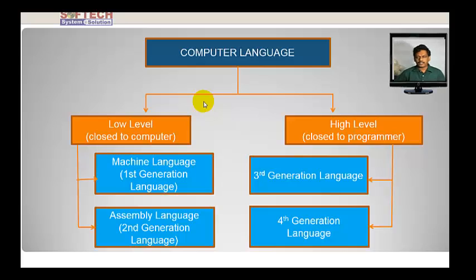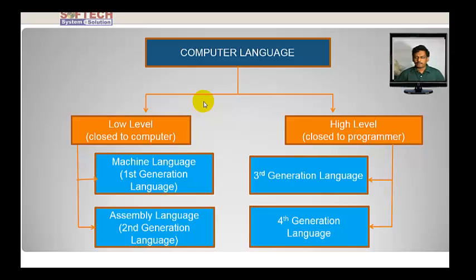The common usage of language is to communicate between two entities. It may be human to human, or human and machine. Normal human languages are for communicating between humans. If we want to give some information to another person, we need language. Human languages are like English, Hindi, Telugu, Kannada, French.